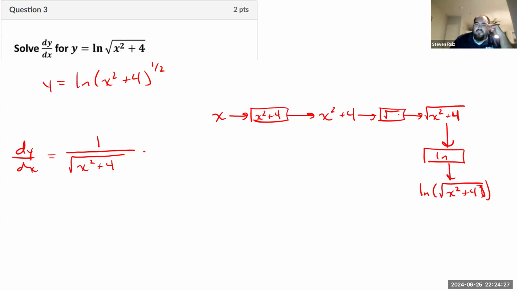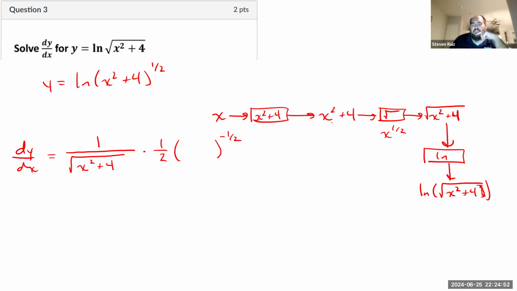Now we're going to take a derivative of a square root function, or x to the 1/2. Probably easier to do that because now you can use power rule to think about it. What's the derivative of x to the 1/2? That'll be 1/2 times x to the negative 1/2. But what's the something that goes in there?